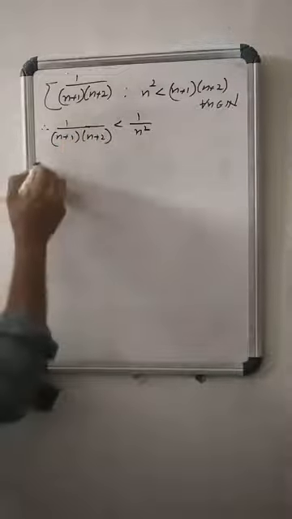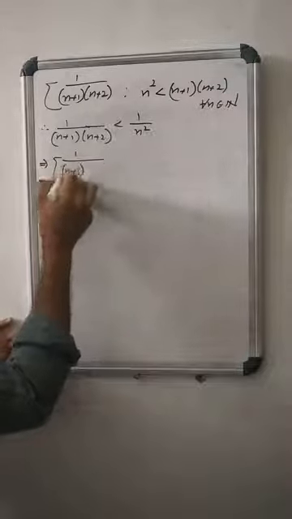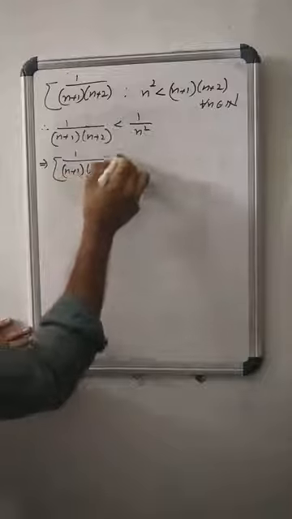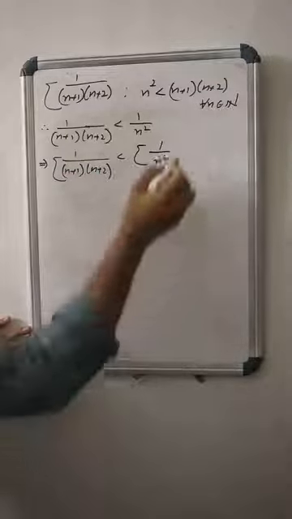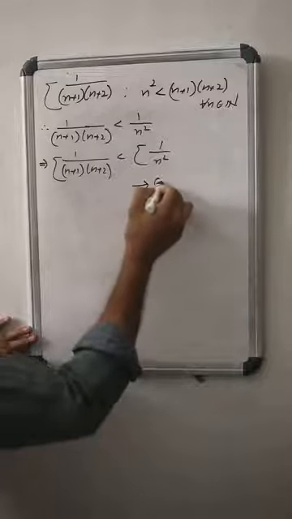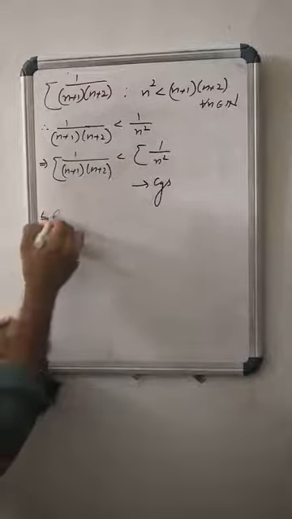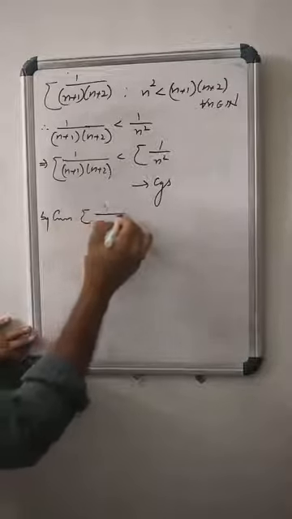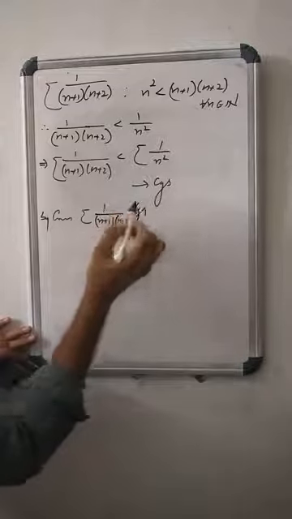Clear? That means sigma 1 by (n plus 1) into (n plus 2) is less than sigma 1 by n square. What is sigma 1 by n square? Sigma 1 by n square converges. Therefore, by the comparison test, sigma 1 by (n plus 1) into (n plus 2) converges.